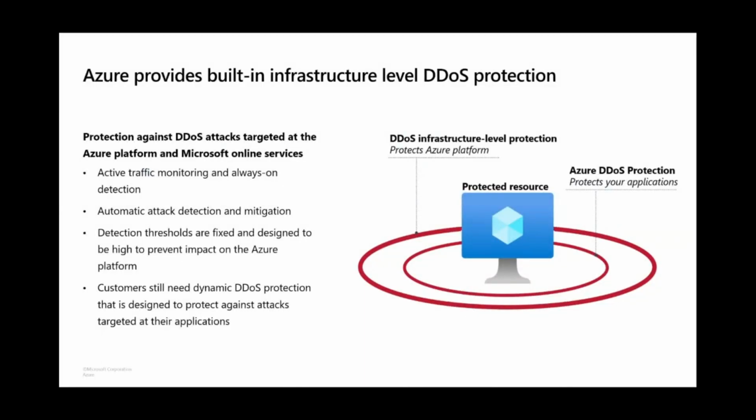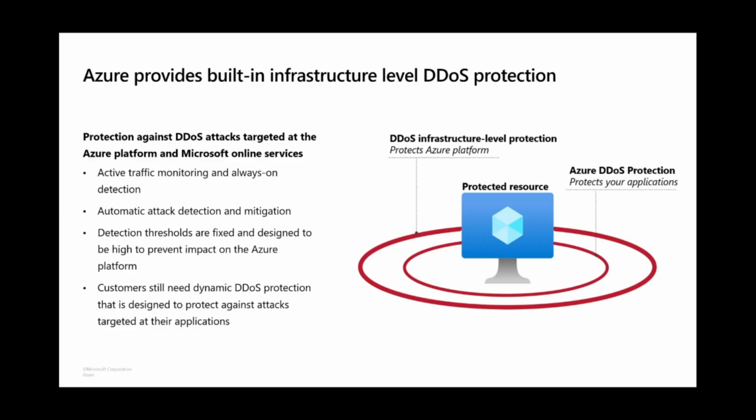One important thing to mention when you're thinking about Azure DDoS protection, I'm sure most of you have heard about the basic, or now it's called infrastructure level protection. So what's the difference between the DDoS infrastructure level protection and the Azure DDoS protection that I was just speaking about, and also knowing the difference between them?